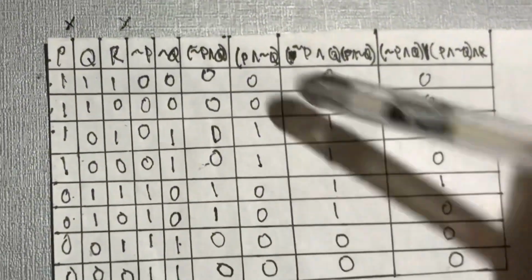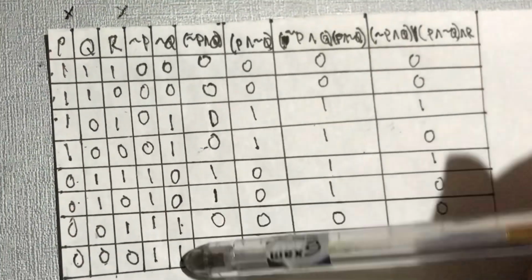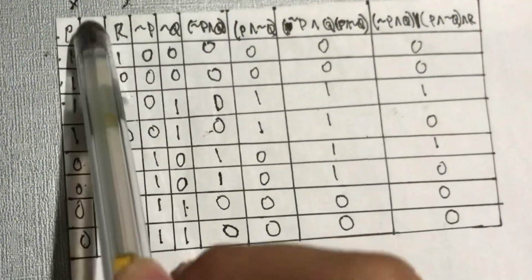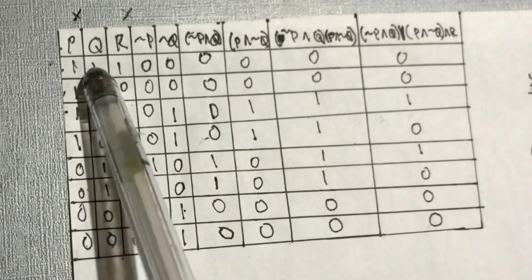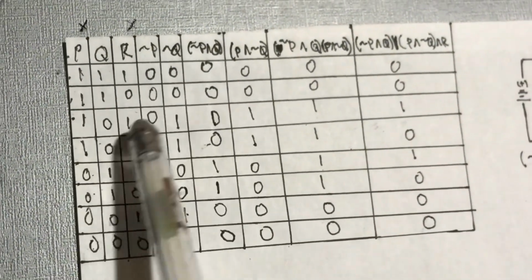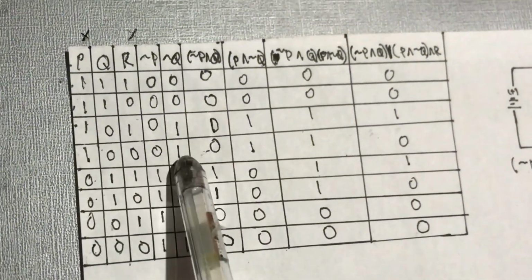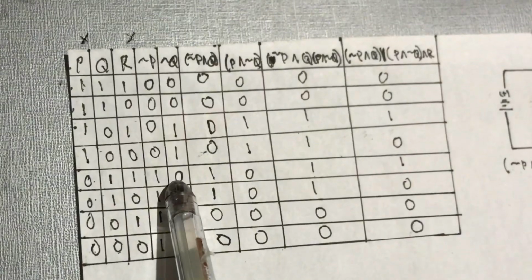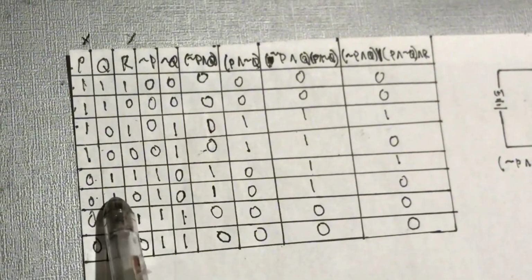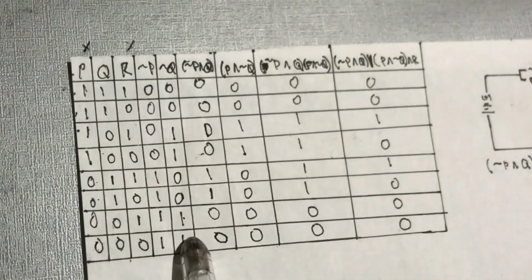Next, the negation of Q here. We have to base it also in here, the column of Q. So 0, 0, 1, 1, 0, 0, 1, 1.